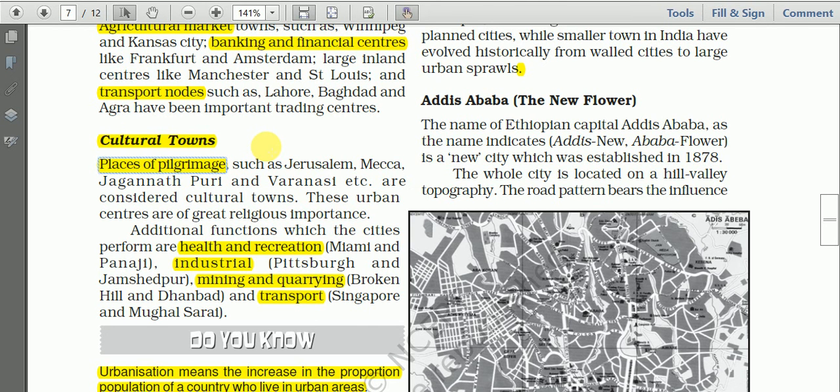What are cultural towns? Cultural towns mainly refer to places of pilgrimage, such as Jerusalem and Mecca. In India, we have Jagannath Puri and Varanasi. So these are some examples of cultural towns, and all these urban centers are of great religious importance.